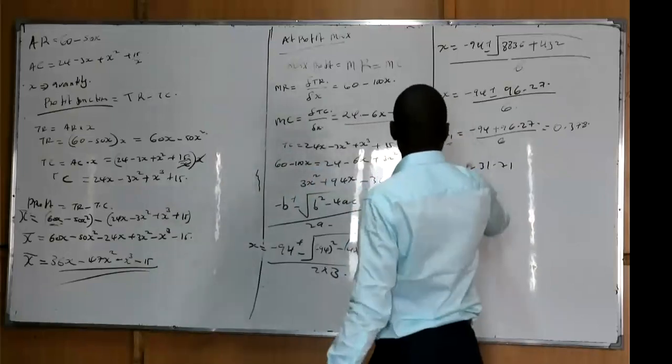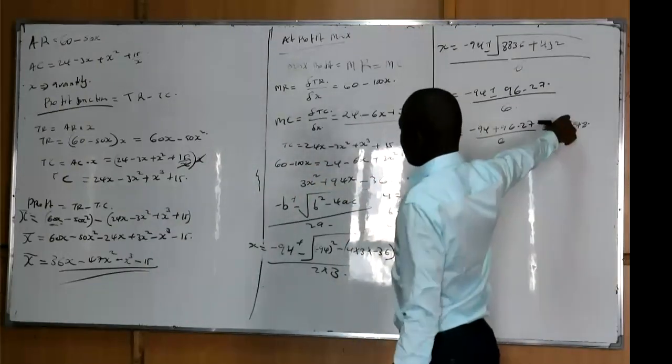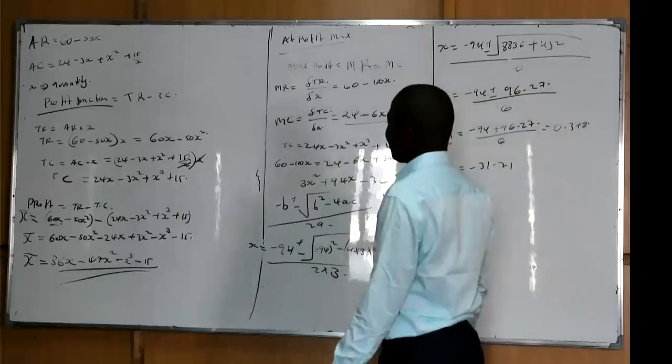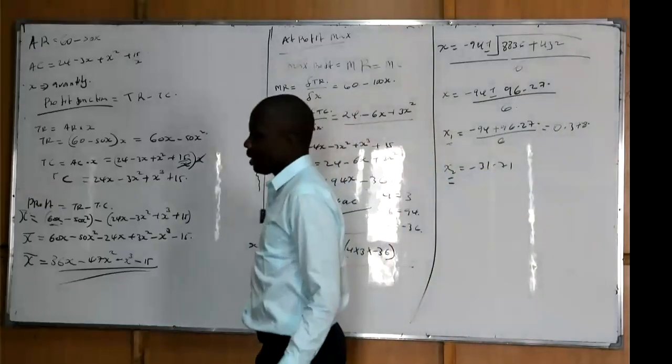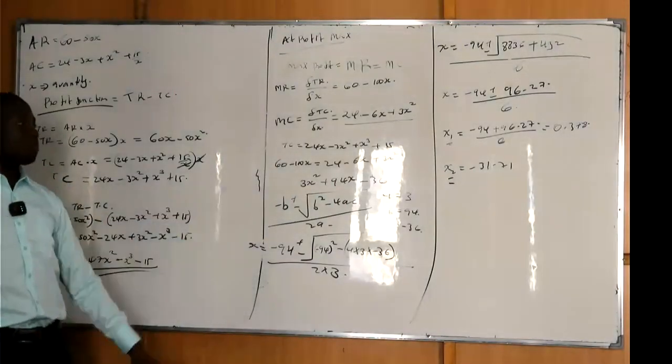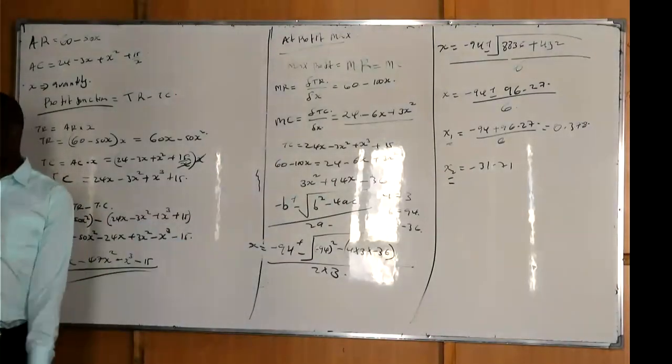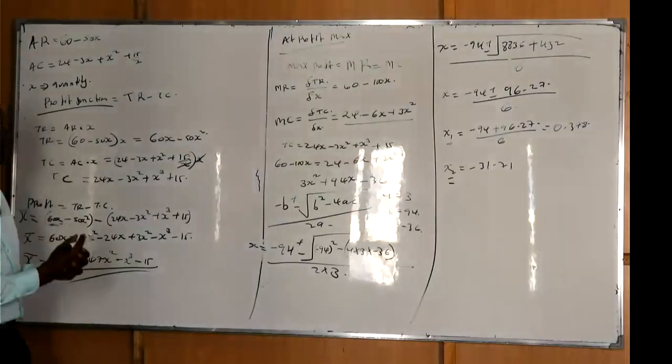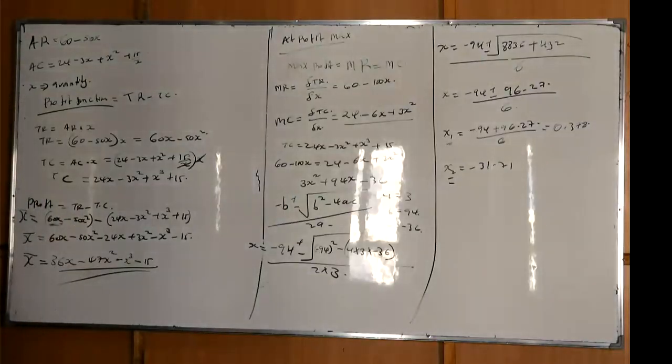So this is the value of quantity to maximize the profit. But you can't get quantity in terms of a negative value. Understand? So to get the maximum profit, you take this profit function and replace x. Don't use the negative, use the positive, because quantity cannot be a negative value.